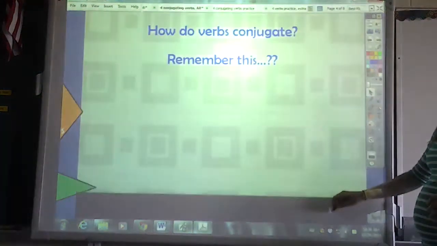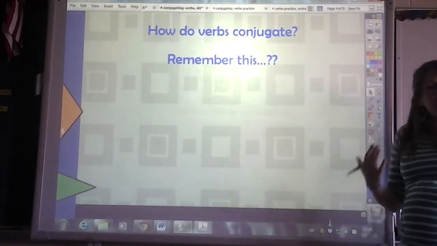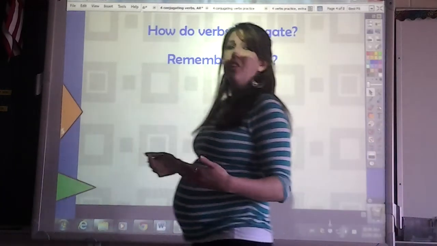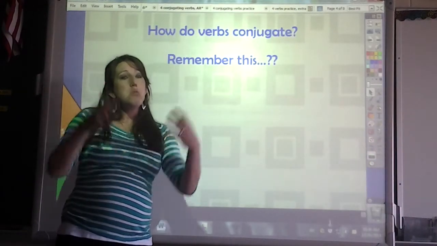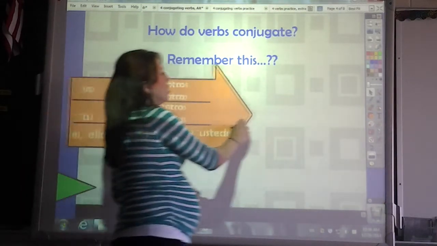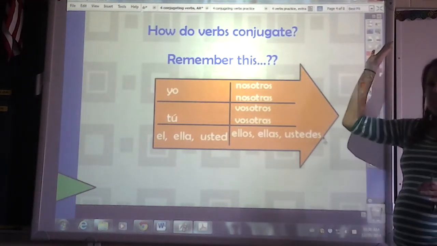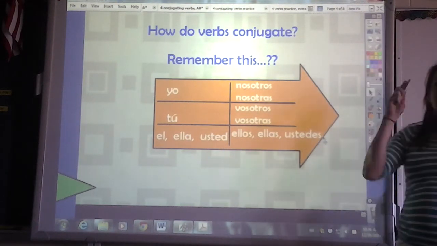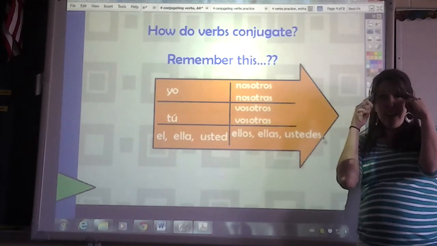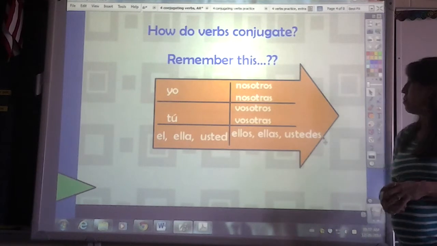Okay, so how do verbs conjugate? How do we conjugate verbs? We've already kind of learned this, but we're going to learn a new set of rules today. So, my question is, do you remember this? How many people remember this? Hopefully you have this ingrained in your brain so that you did not forget it over Christmas break with all the candy and cookies you were eating.